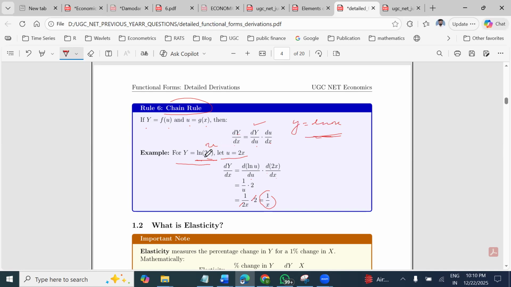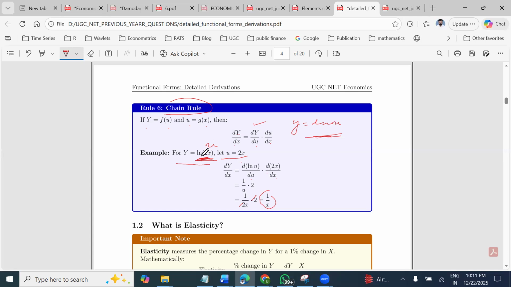Now by looking at the function you should be able to understand. If you think that you are not going to apply the chain rule over here, and you solve by any other method, I think you are going to get an error.